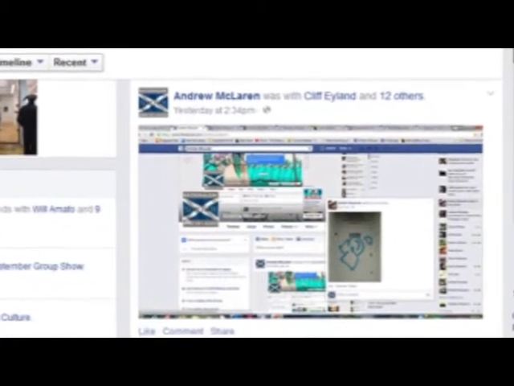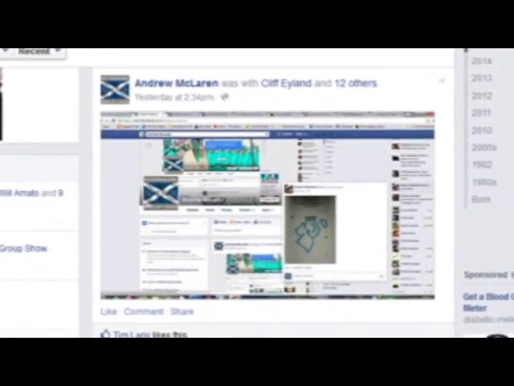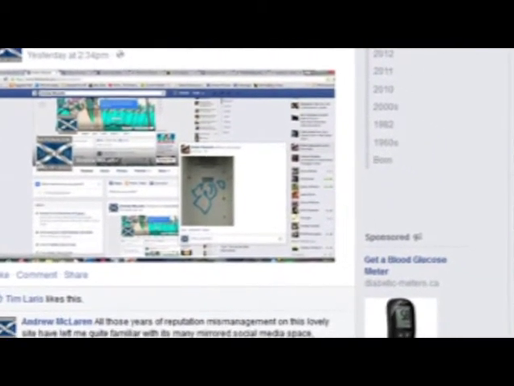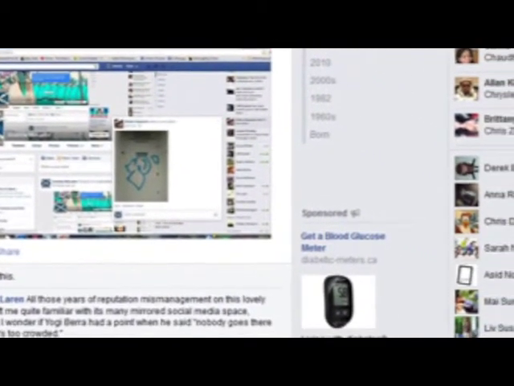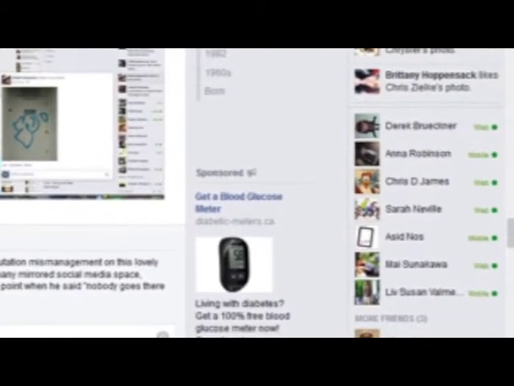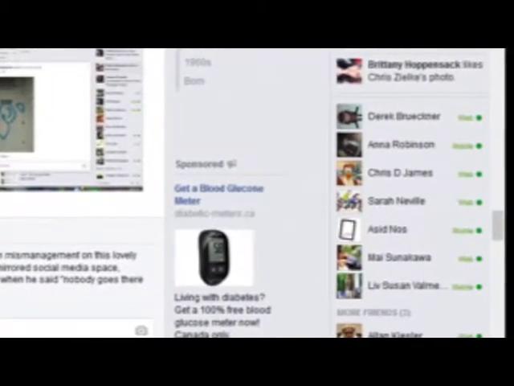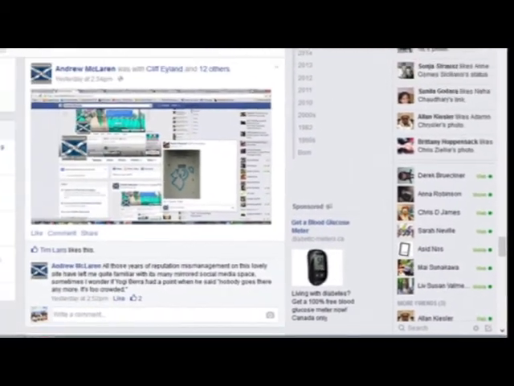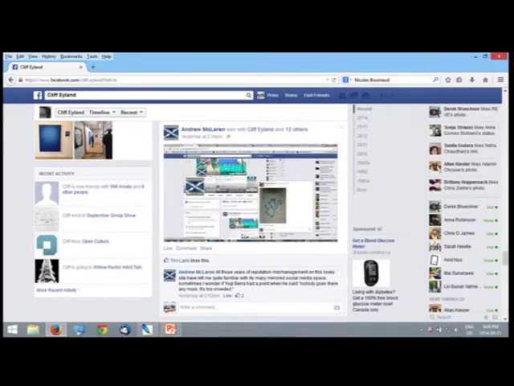And I can sort of see what he's reading, what he's interested in, and what he likes. So I'm getting a real sense of Cliff. I don't think I'll ever get a sense of Cliff completely, but I'm getting a really good sense of where he's at as an artist and as an individual just by following him on Facebook.